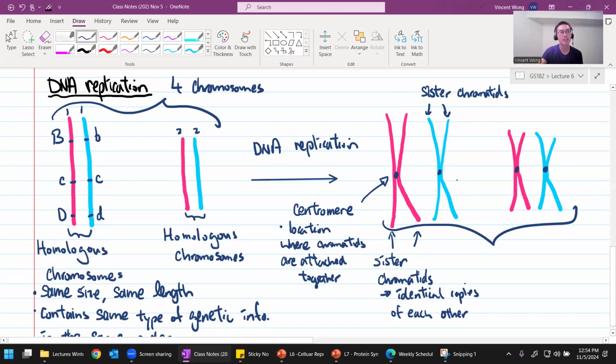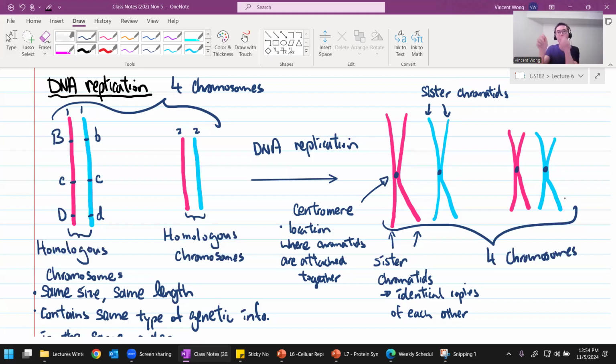A lot of people would say 8. I thought it was 8 too. But actually, the people who came up with these rules, if it's stuck together, you still count it as 1. So this is 1, 2, 3, 4. So 4 chromosomes. As long as they're together, you count it as 1.